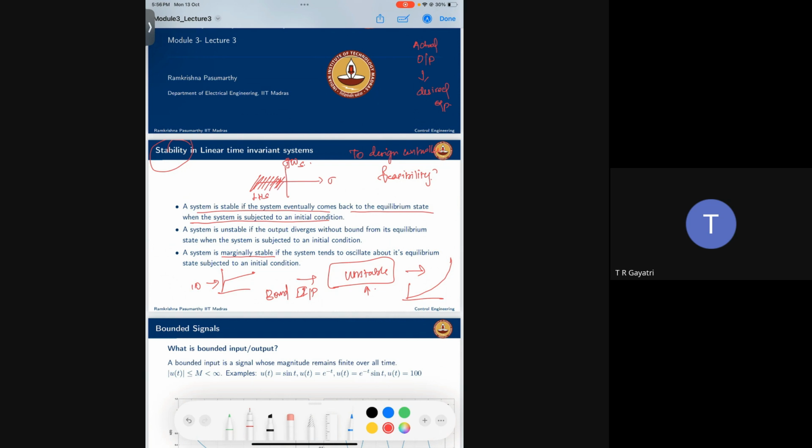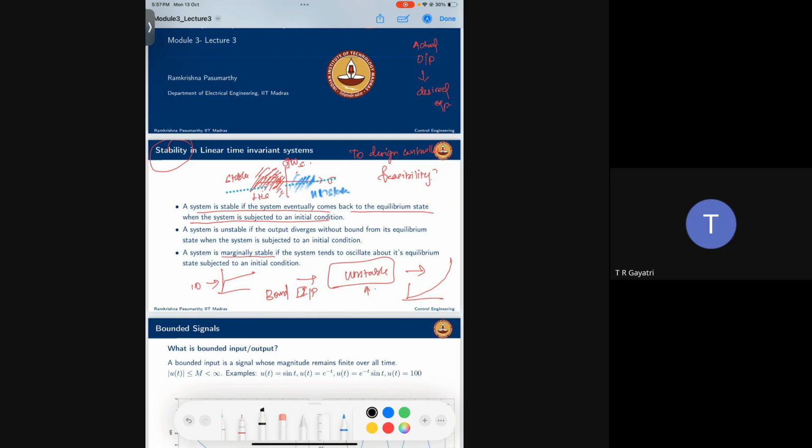Whatever area covers the left domain, we say it is stable. If the poles of the system lie in the left of the plane, we say it is stable. If the poles lie on the right of the plane, we say it is unstable.